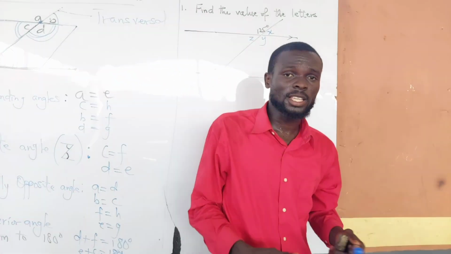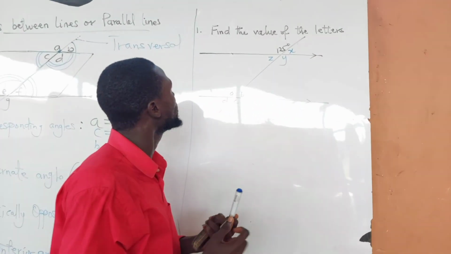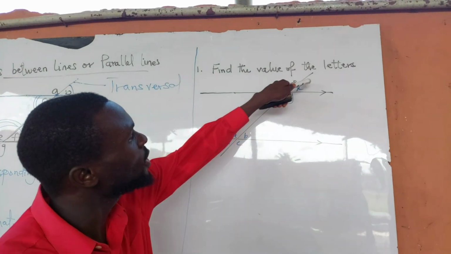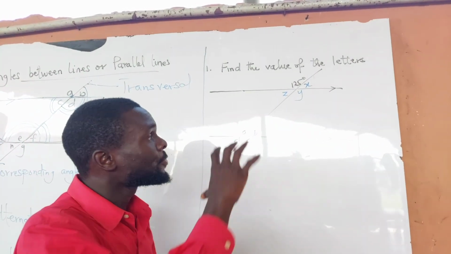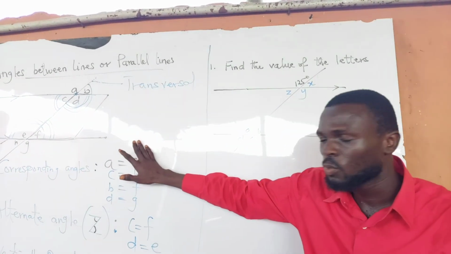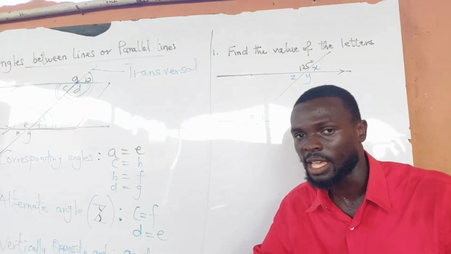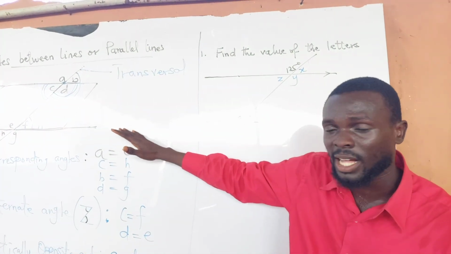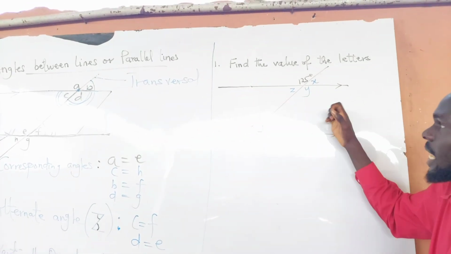So let's look at the first one. The first example, the only one that we will talk about today. It says, find the value of the letters. So per the discussion here, we are going to use the types of angles that we've talked about to answer this.